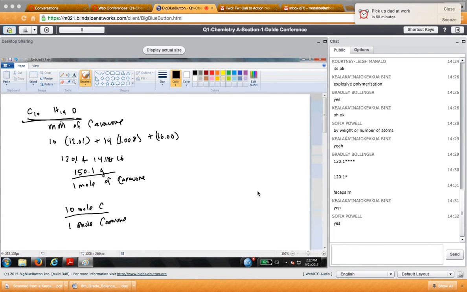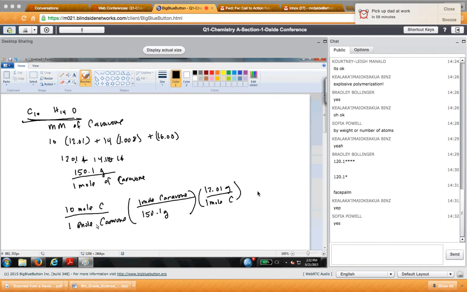And then we want to use things that we know. So I can multiply this by 1 mole of carvone divided by 150.1 grams of this stuff. And then I can also do 1 mole of carbon for every 12.01 grams of that stuff.